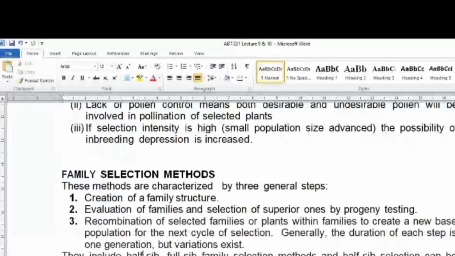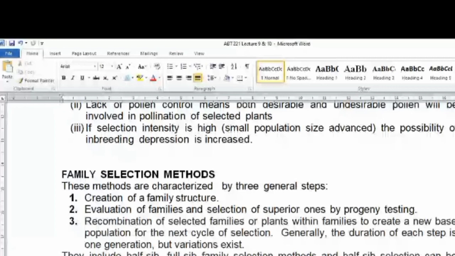So for plants, the pollen source is different, but the mother is the same. Or you have individuals that are full sibs in terms of their relationship. They share both the mother and the father.